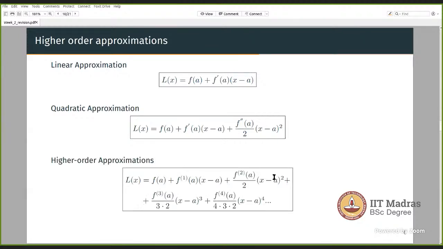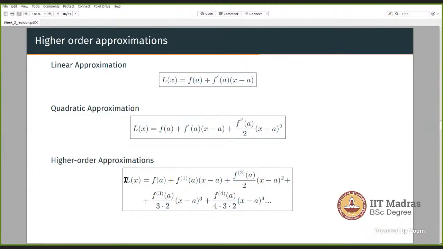In general, this is the equation for a higher order approximation for any given function, and this comes from your Taylor series, if you've heard of it. The Taylor series is a very interesting series equation which can give you some global information based on some local information, if I can put it that way.